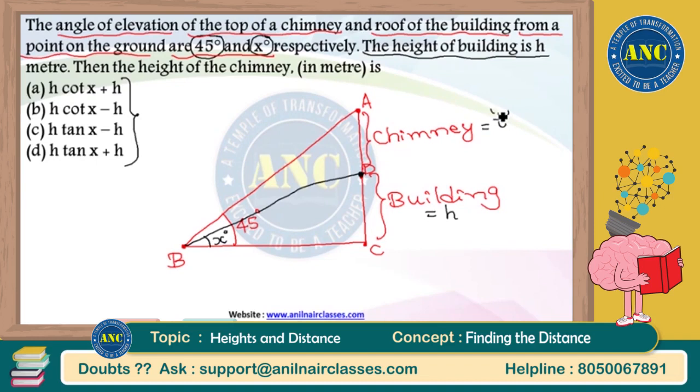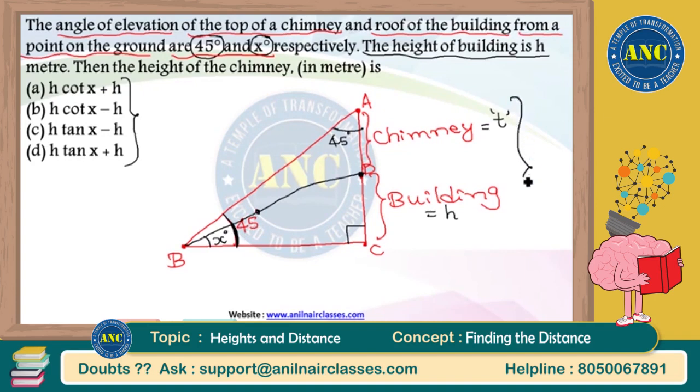Now, same logic, sir. Same logic I will implement. Can I say that this entire angle is 90 degrees? This entire angle is 45 degrees. If this entire angle B is 45, angle A also will be 45 degrees. That means whatever the side which is opposite to angle 45 here, what is the side there, sir?